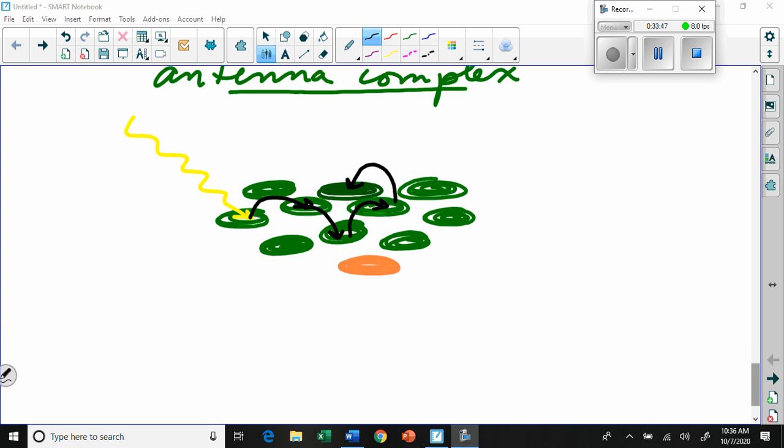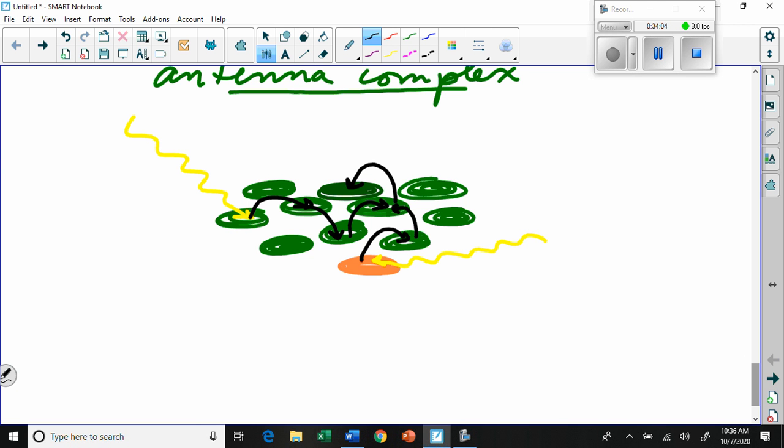Okay, so we're carrying on here. We've got this antenna complex that I've drawn. I'm going to put another couple of lights. So light hits here. Light might also hit the carotenoid guy, the orange guy, and that would mean that his energy could be bounced here and bounced to here.